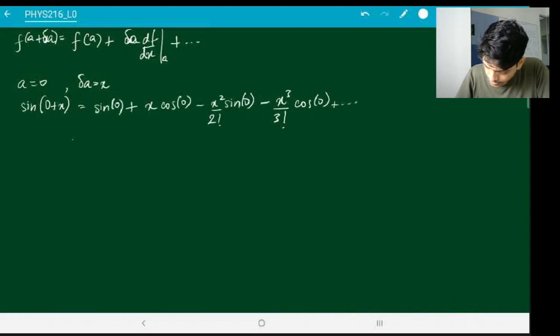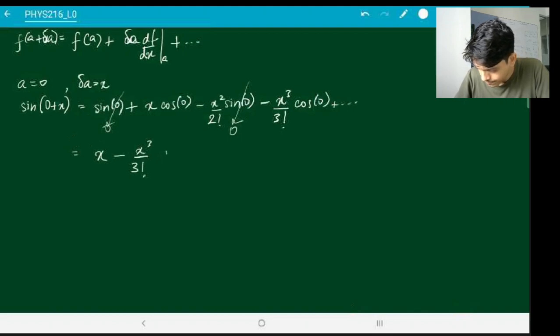Sine of 0 is 0, so those terms go away, and cosine of 0 is 1, so you're left with x minus x cubed by 3 factorial, and if you keep calculating more and more terms, you will get things like this.